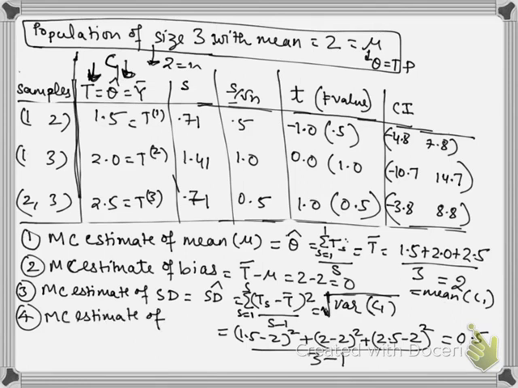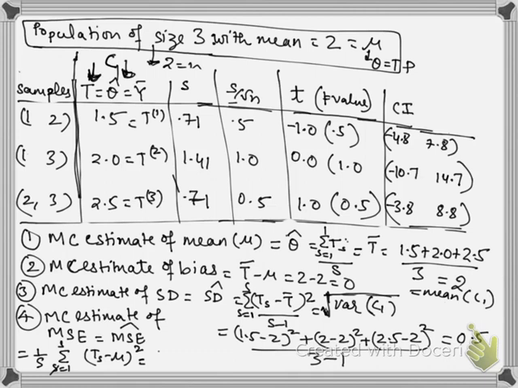You can also calculate the Monte Carlo estimate of mean square error, just denoted by MSE hat, which is 1 over S, sum over s from 1 to S, of T_s minus mu whole squared. It would be again the same thing because mu and T bar are the same, right?